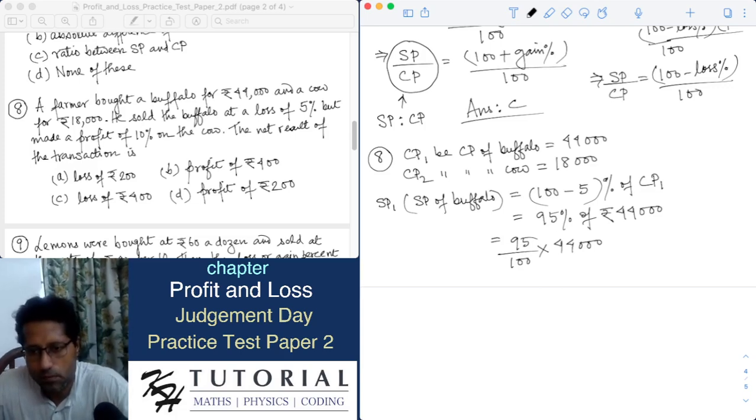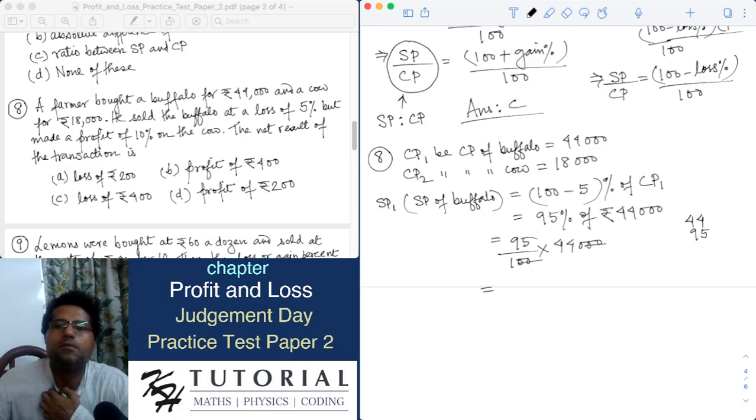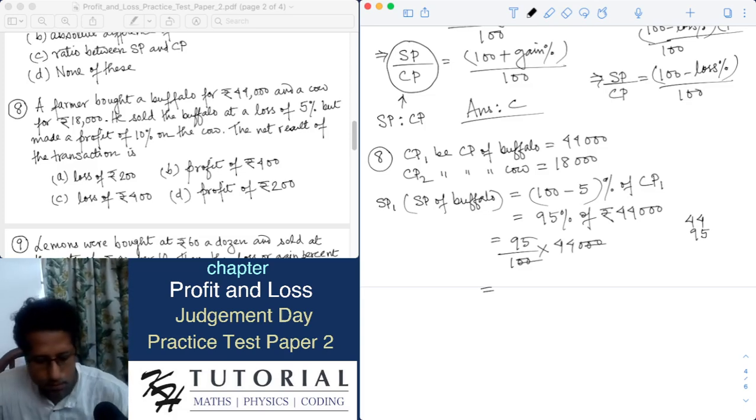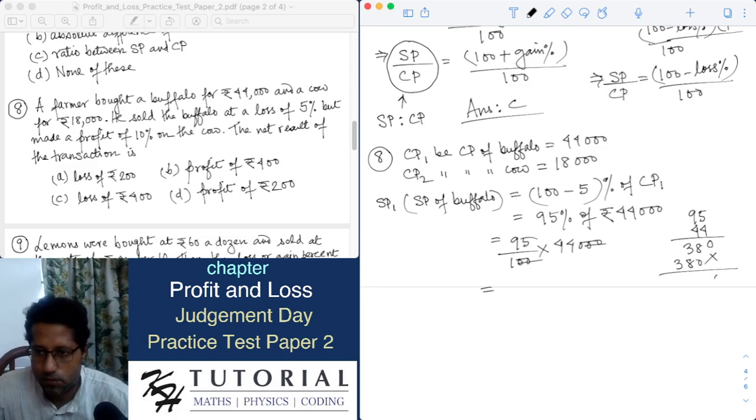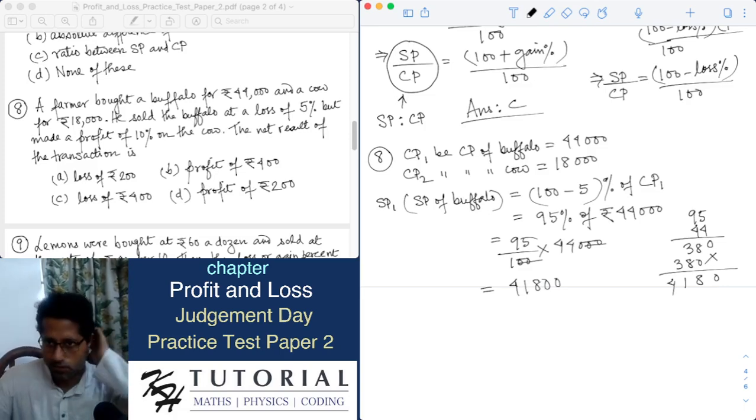If we cancel the zeros, this is 44 times 95, which gives 4180 and 0. This is the selling price of the buffalo.